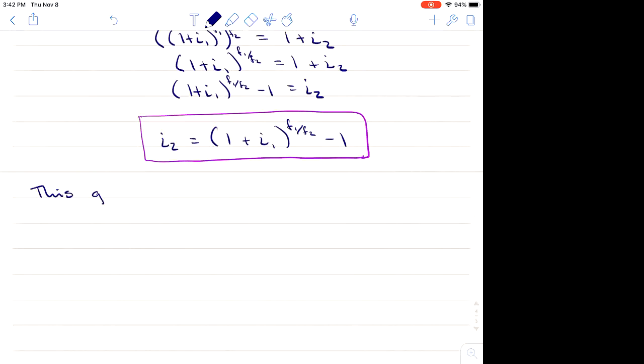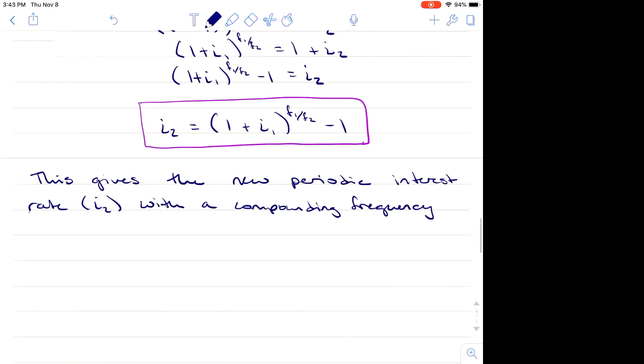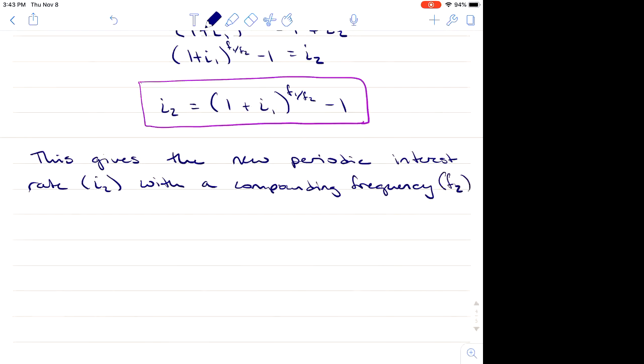So this gives the new periodic interest rate, I2, with a compounding frequency F2 from the old I1 and F1.